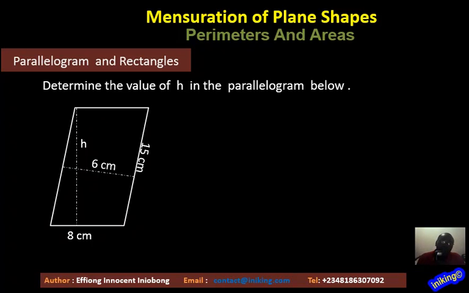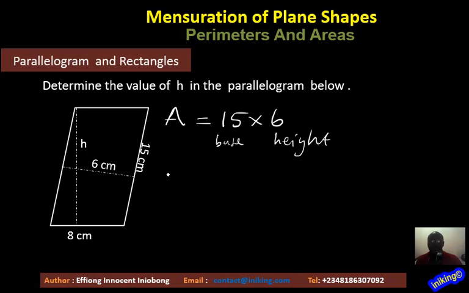And the h corresponds to the 8 centimeter side as another base. Which means if I want to find the area of the parallelogram, I will be very right if I say the area is equal to 15 times 6, because that's the base and that's the corresponding height.